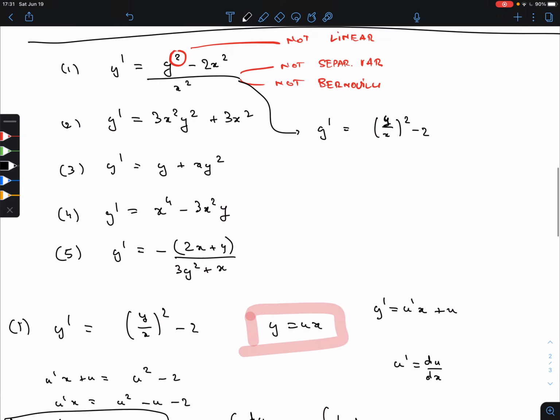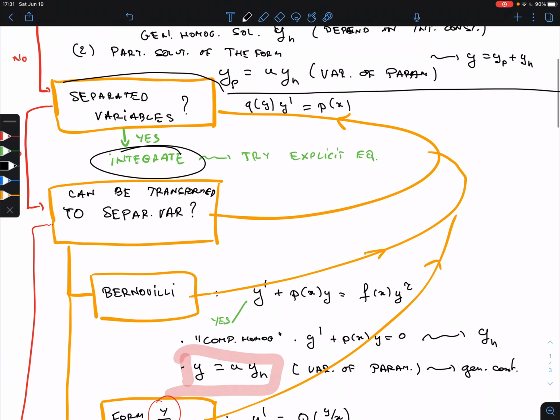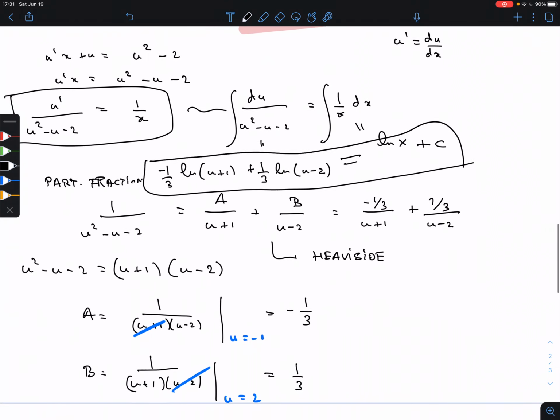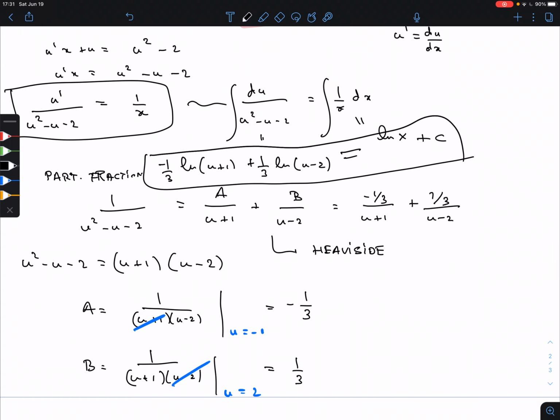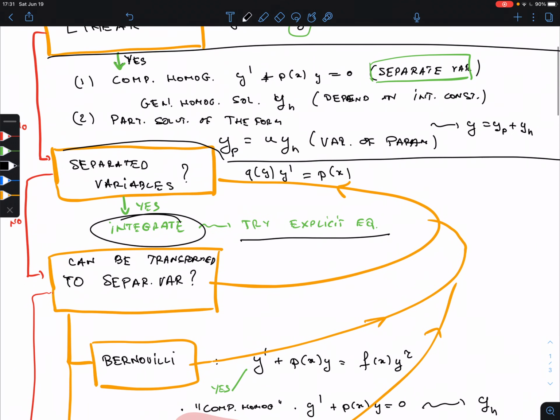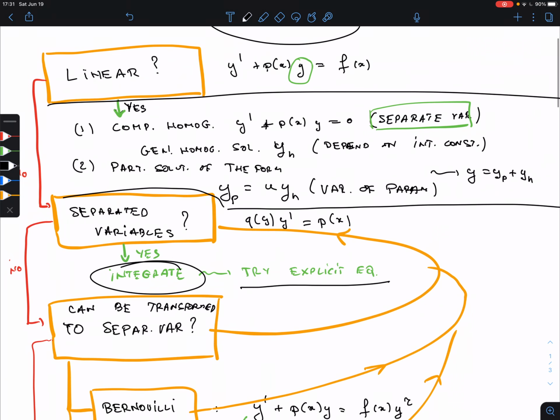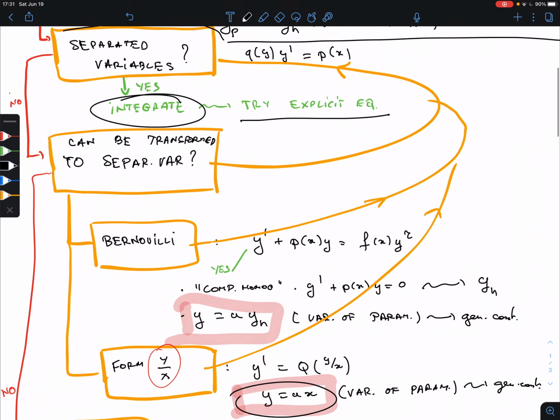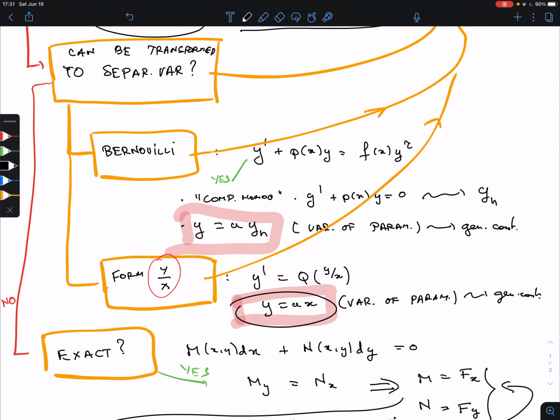Then remember what we said, if you try to make an explicit equation, because at this point we do have an implicit equation. Well, not yet. Sorry. We have to solve for y. Let me make this clear here. Integrate. We know that we're looping back. When we're doing this variation of parameters, we have to get back y.